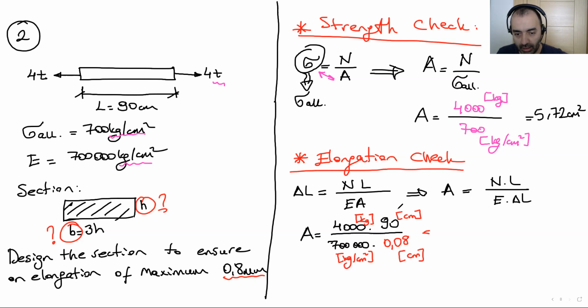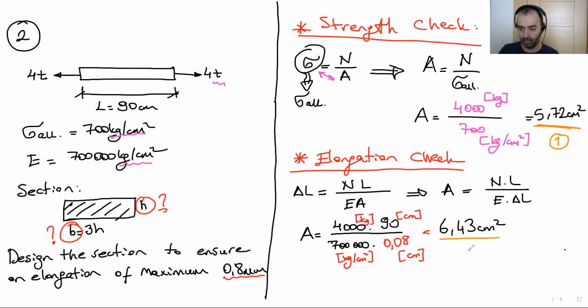Here we go. The calculated area from here is, now we have two areas. What should we do to calculate the dimension of the rectangle? Which area should we use? We have this one. This is the first area.